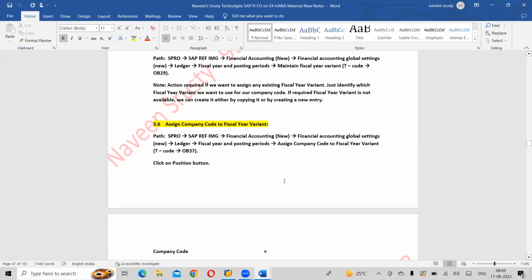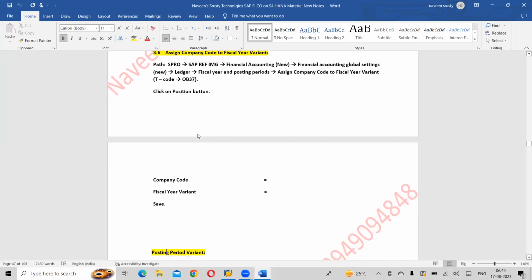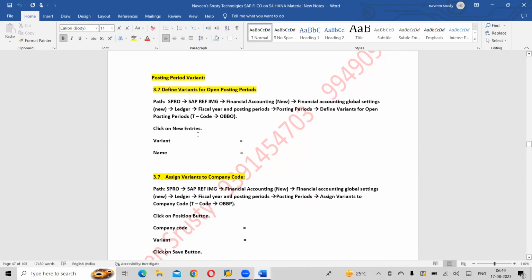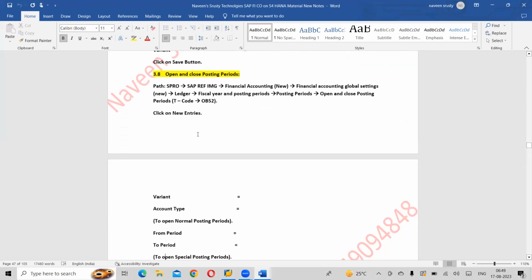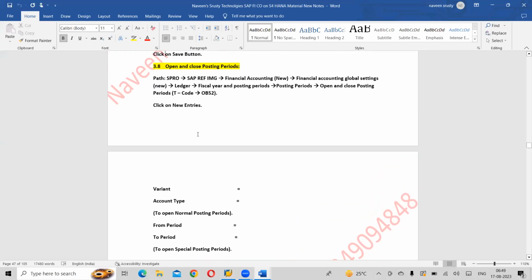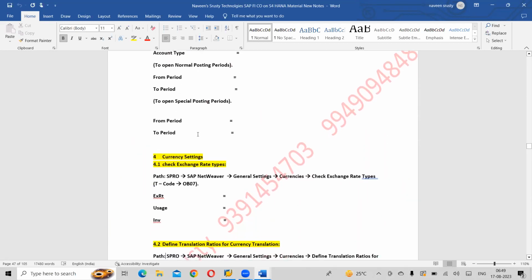In the FI module, most of the interview questions will be covered on this company code global parameters. In total, 9 to 10 steps will be there, or you can take it as including currency settings also.